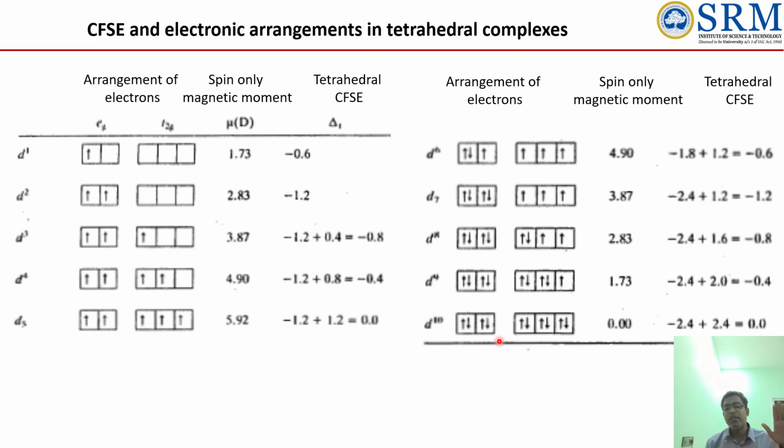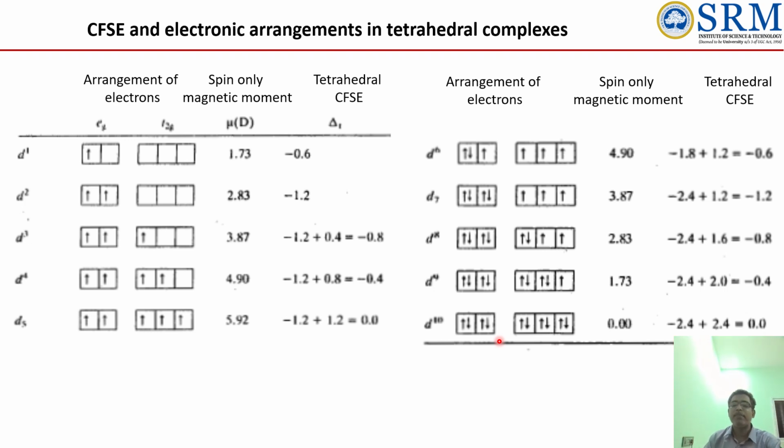So for CFSE and for spin only magnetic moment, you should first know whether this particular complex has a strong field ligand or a weak field ligand, or whether it is going to be a low spin or high spin complex. It's not that you should always go with the ligand. If we also compare the oxidation state, let's say cobalt 2+ and cobalt 3+, cobalt 3+ is going to form low spin complexes compared to cobalt 2+, which will form high spin complexes.